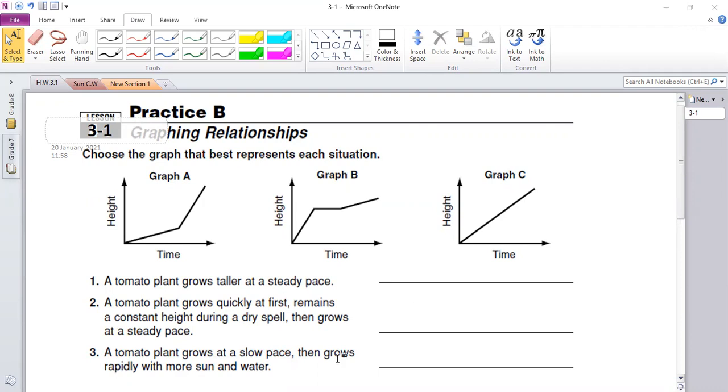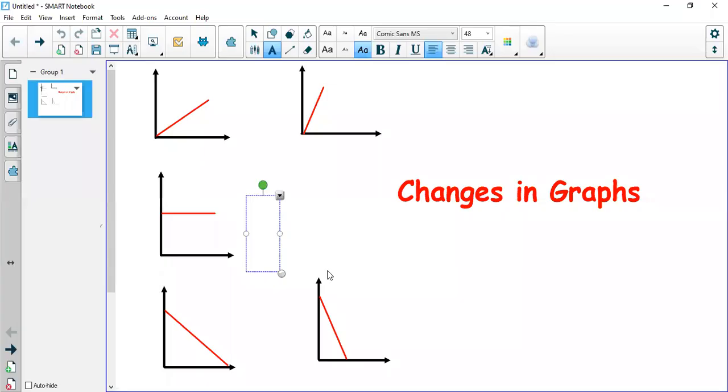Now, before we discuss the answers for these questions, I want to show you the changes which could take place in a graph. You will see a line like this going up. So in a graph, whenever there is a line going up, that denotes an increase of anything.